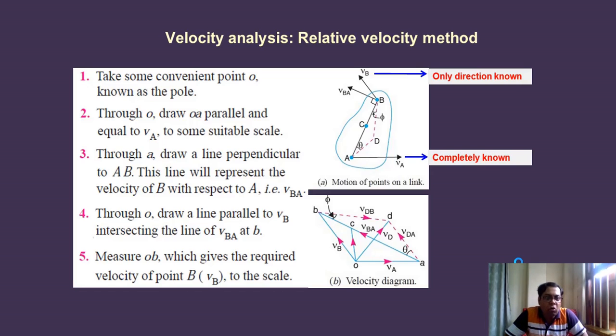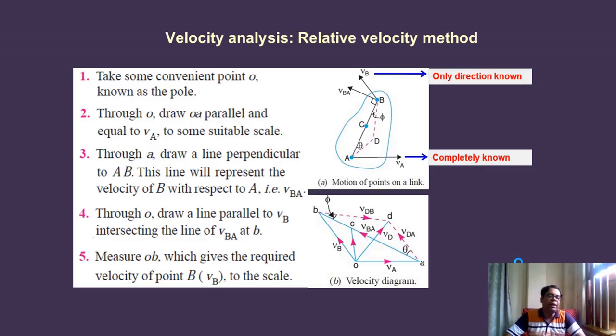Now through point O, you have to draw a line parallel to VB, which intersects the line of VBA at point small b. Now we have to measure, using the scale, the distance small o small b, which is nothing but a vector, the velocity vector, and which gives us the required velocity of point capital B, also known as velocity b or vb.